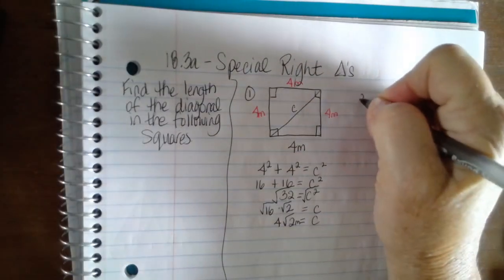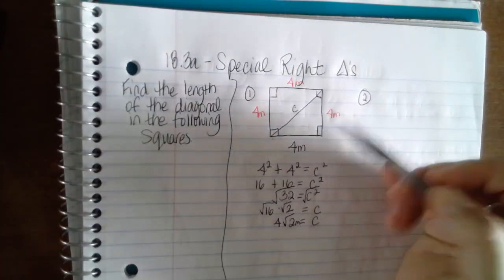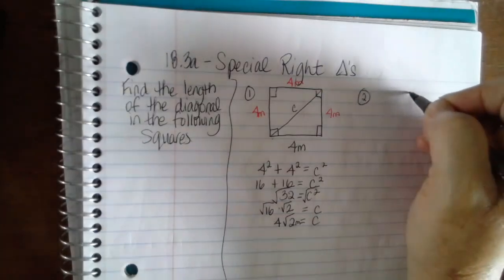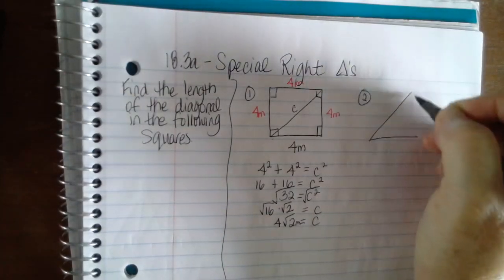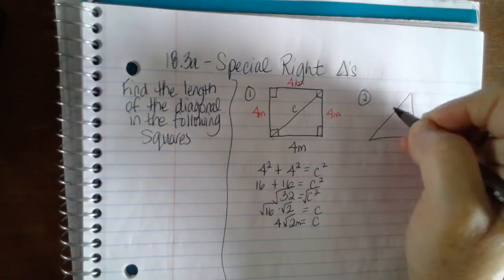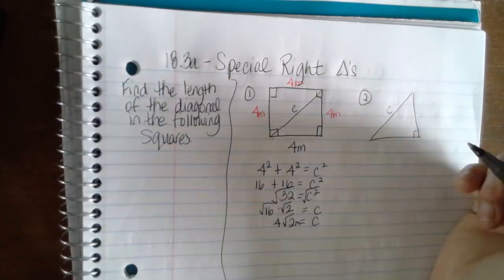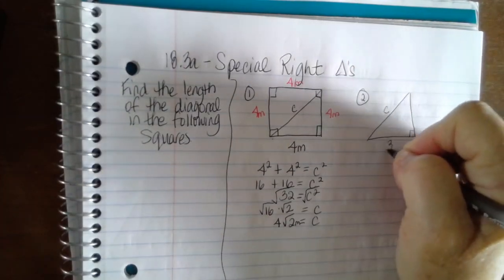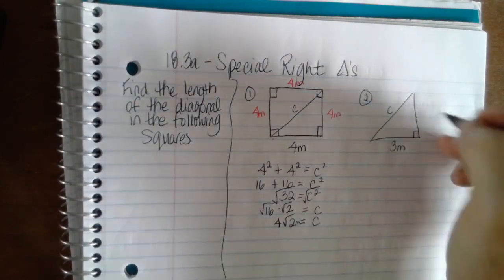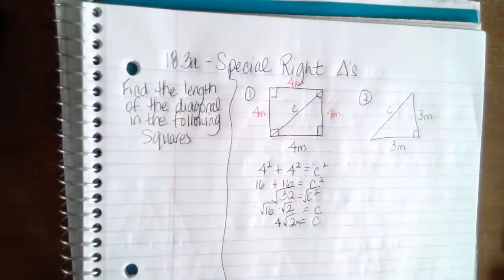Now, if I was to just do the triangle, so I'm going to do the triangle this time. I still want to find that, but I'm going to say that this is 3 meters, which means this is 3 meters, this is 3 meters.